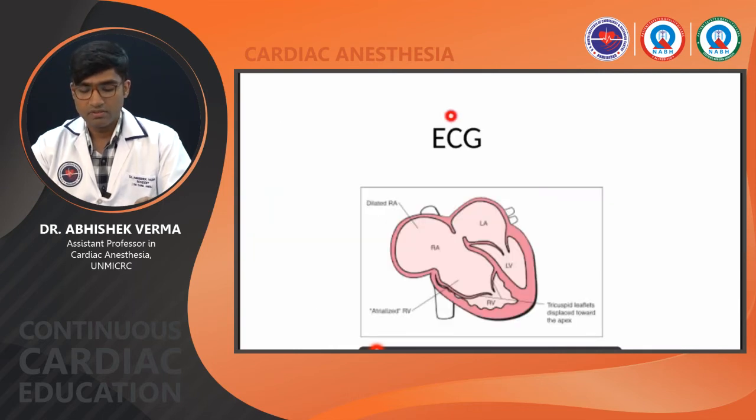Next, in ECG, what we see is that this portion is atrialized. The annulus is displaced. So from this point we have to know that this portion of the atrialized right ventricle creates a fragmentation of the QRS complex. So fragmentation of the QRS complex is characteristic of the Ebstein anomaly.